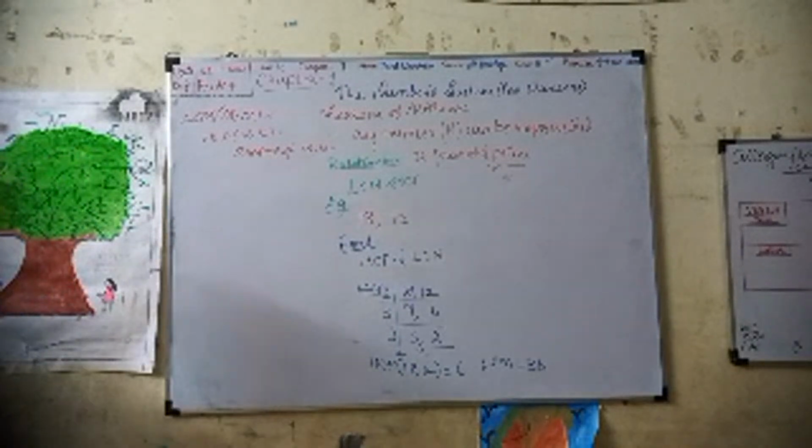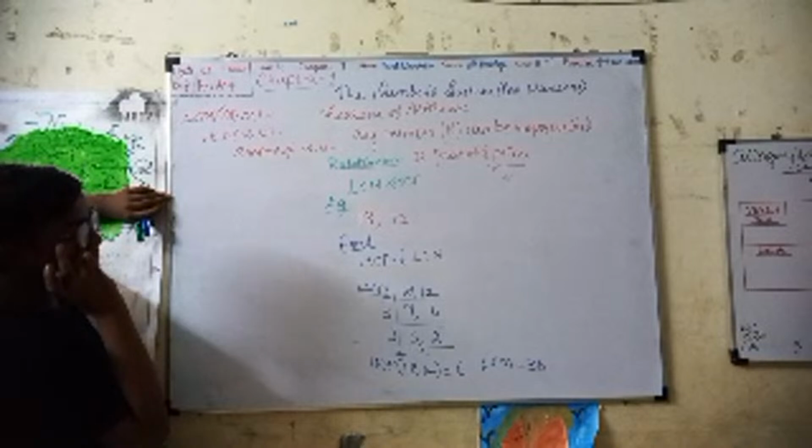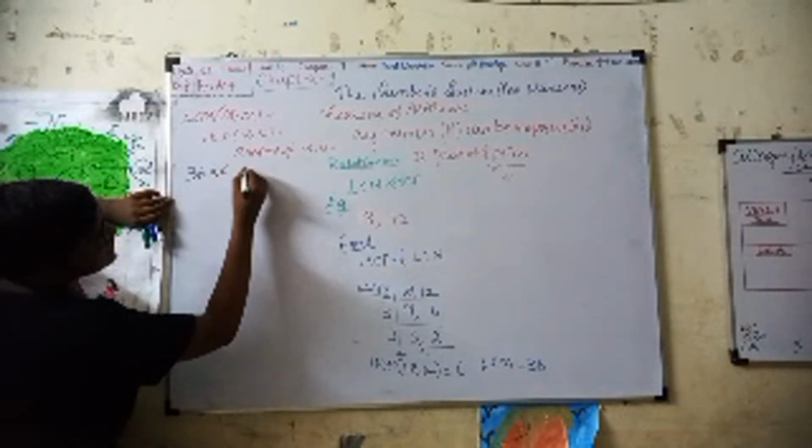See how it's coming. What's LCM of 18, 12? 36. HCF 6.